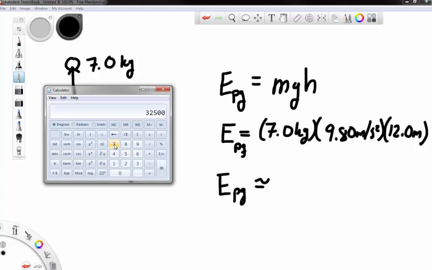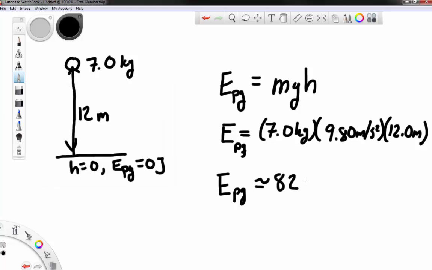Anyway, using the calculator, I get 7 times 9.8 times 12. So that's 823.2. And since we can only keep 2 significant figures, I can write 820 joules here.